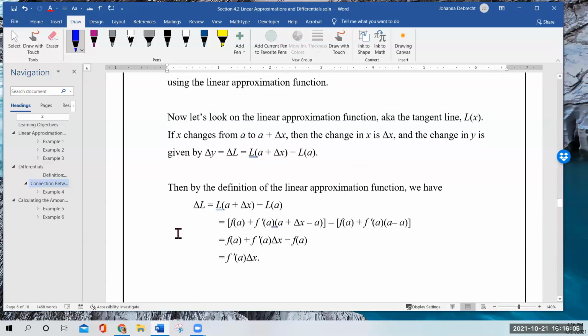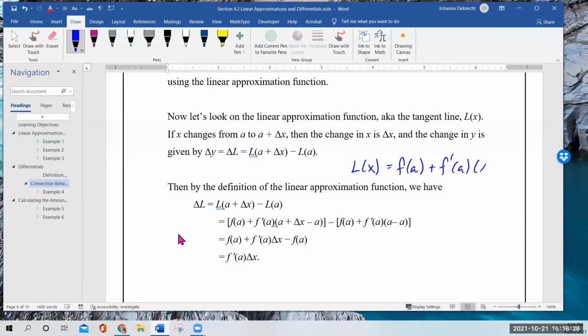We want to take a look at what happens when we calculate this on the tangent line. Let's suppose that we take this a plus delta x and we subtract L of a. We're going to use the definition of L of x equal to f of a plus f prime of a times x minus a. Remember, this is just point slope form of the line, where you've moved the y1 to the other side. This is the slope of the tangent line, and this is x minus x1.